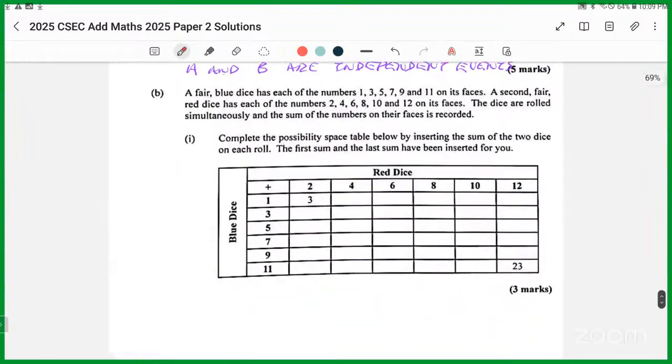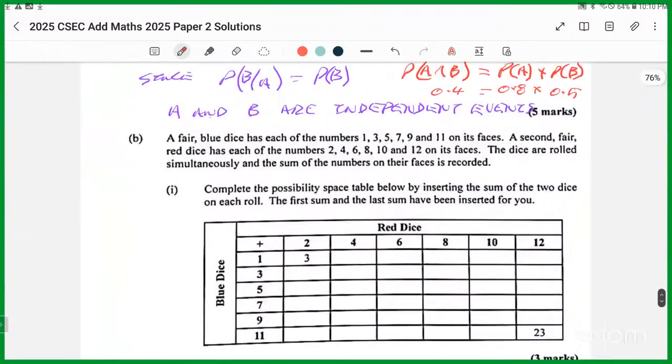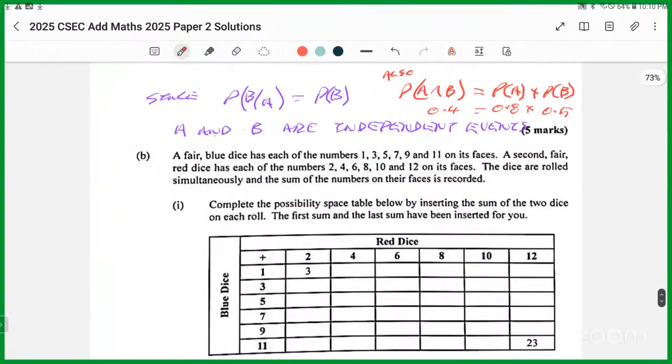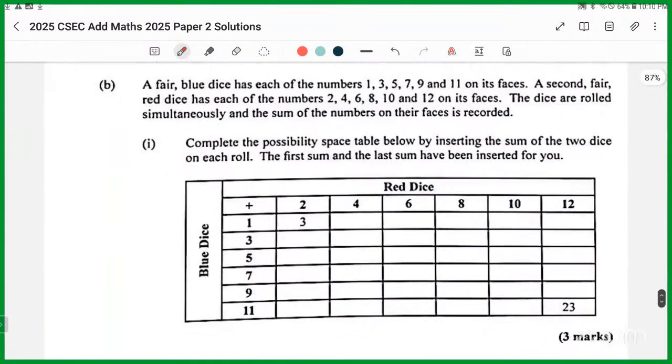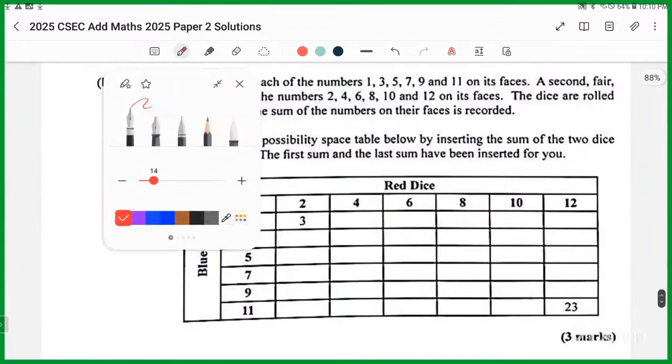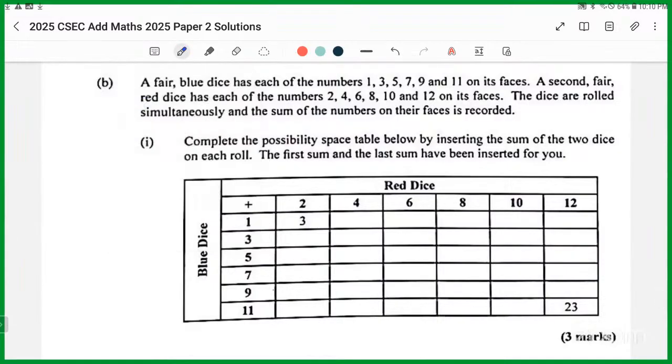Anyway, next question. Question 6, on probability. A pair of blue dice has each of the numbers 1, 3, 5, 7, 9, 11, the odd numbers, on its faces. A second pair of red dice has each of the numbers 2, 4, 6, 8, 10, 12, the even numbers, on its faces.